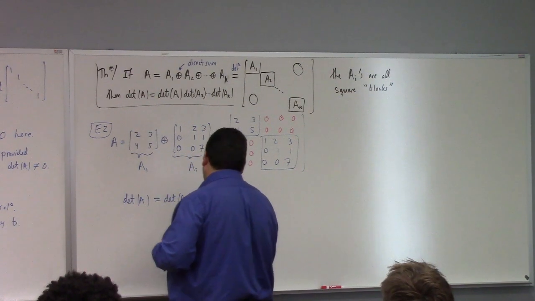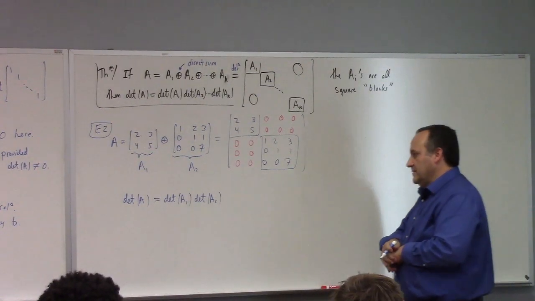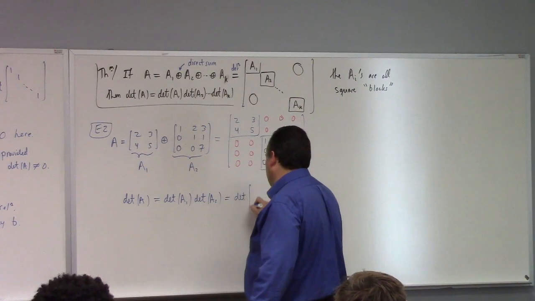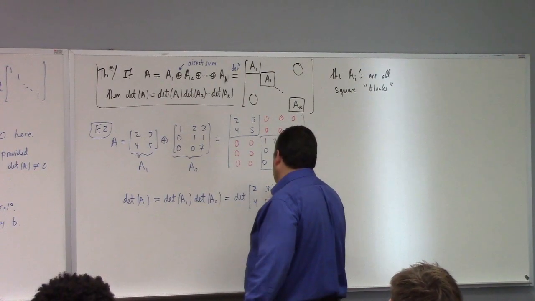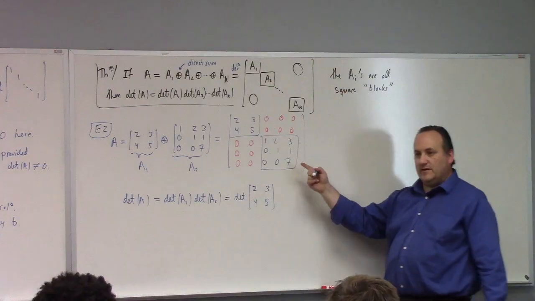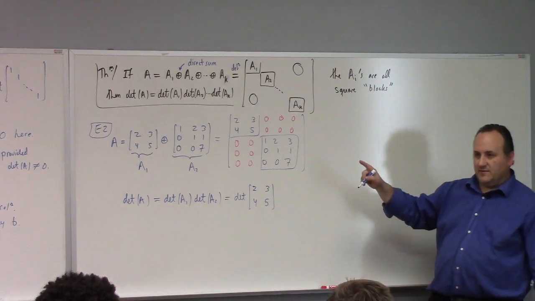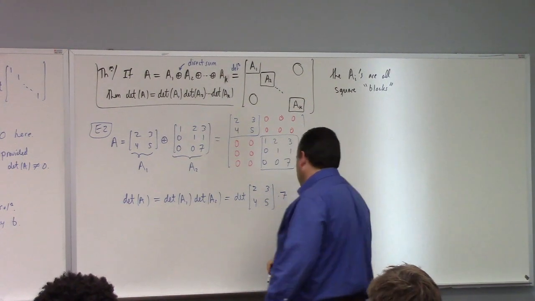Let's see here. I'll write those out. There's nothing really better than what I showed you last time for the first one. You got 2, 3, 4, 5. We just have to calculate the determinant by the rule. But A2, look at that. It's 7, right? Because it's upper triangular, so you just multiply the diagonals.